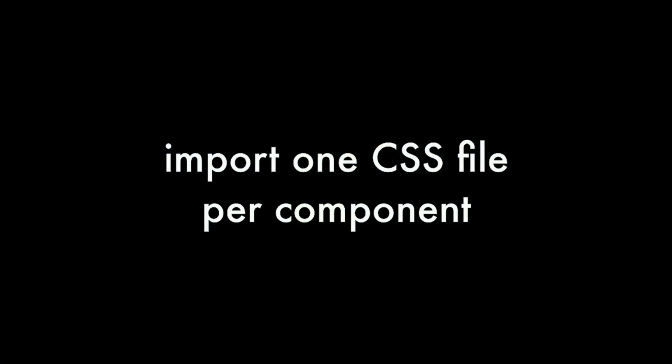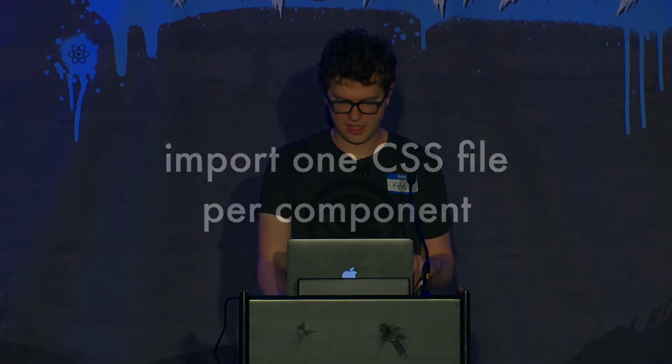So if you're doing the pattern of importing one CSS file per component, then the CSS is only loaded when you use that component. And Gatsby will actually also inline the critical CSS. So now it enables us to say, for this page, given the components used on that page, we know what CSS is being used, and we can inline that CSS and then lazy load the remainder of it as you browse around the site.